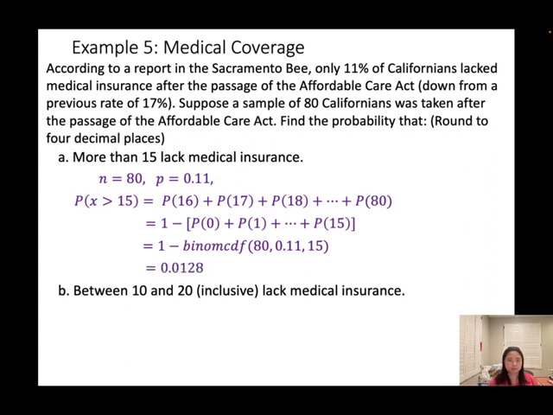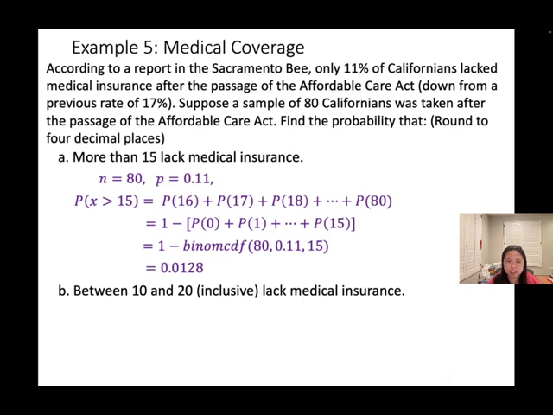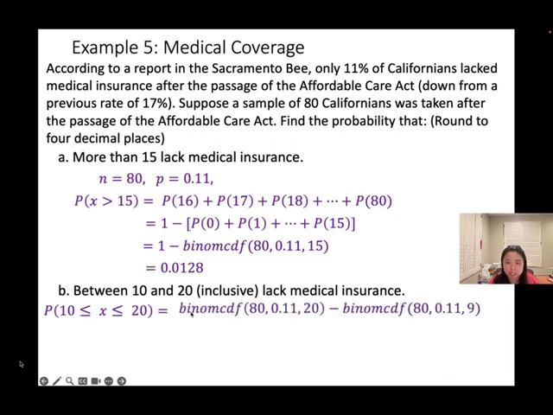Okay, part B, between 10 and 20, inclusive, lack medical insurance. Inclusive means you're including 10 and 20 here. So we'll be finding binomial CDF with the 20 and then minus the binomial CDF with the 10. But be careful when you write it down: the first one will use the 20.